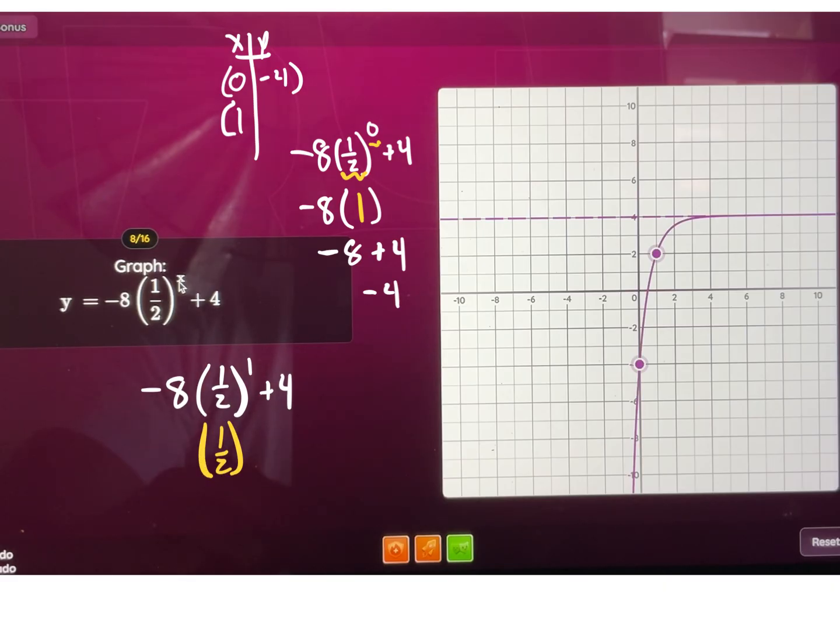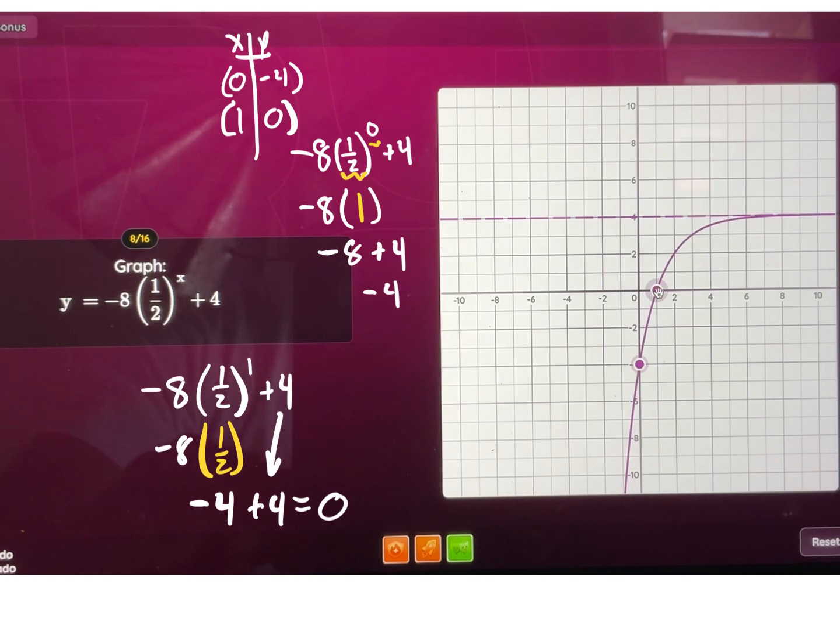But then when you multiply the 1/2 times -8, that'll give you a -4. And then -4 plus 4 is 0. So when you plug in a 1, you get out a 0. So the input 1 gives you the output 0. So go to this other point and go to the location 1 on the X, 0 on the Y, and it would be right there. And that's your graph. Just hit submit and get an A+.